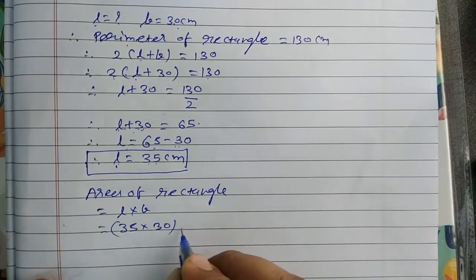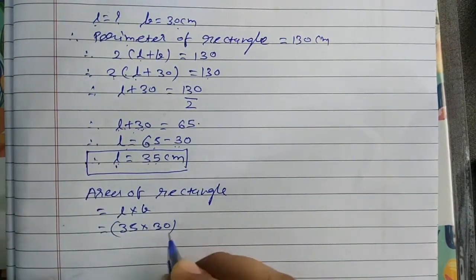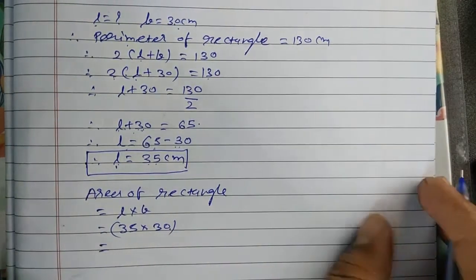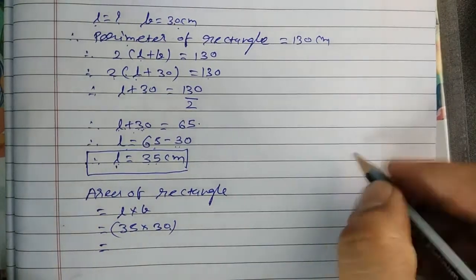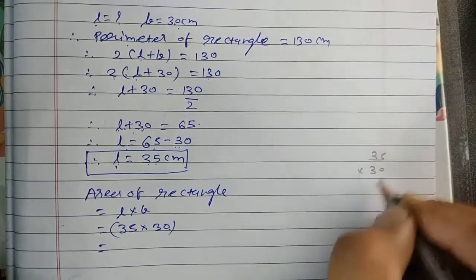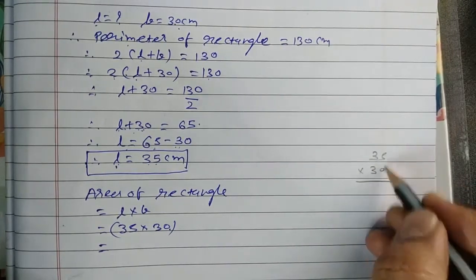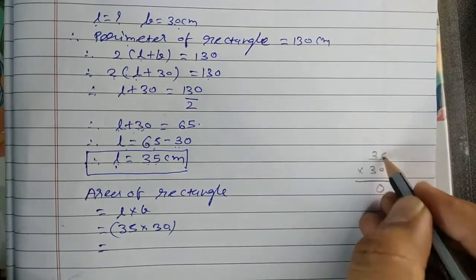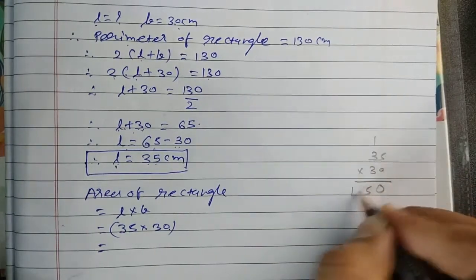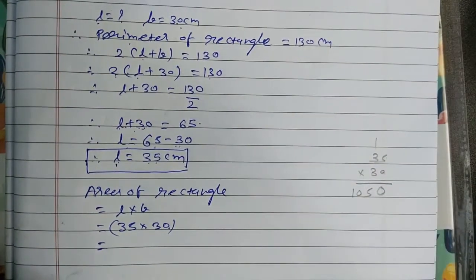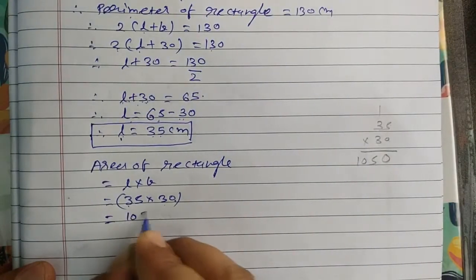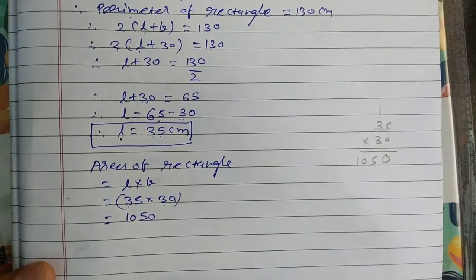So 35 multiplied by 30, and that is equal to, so here we will do this multiplication, 35 multiplied by 30. Okay, so here 0 will come, 5 3s are 15, 3 3s are 9 plus 1 10. So what we got? 35 multiplied by 30, we got 1050.